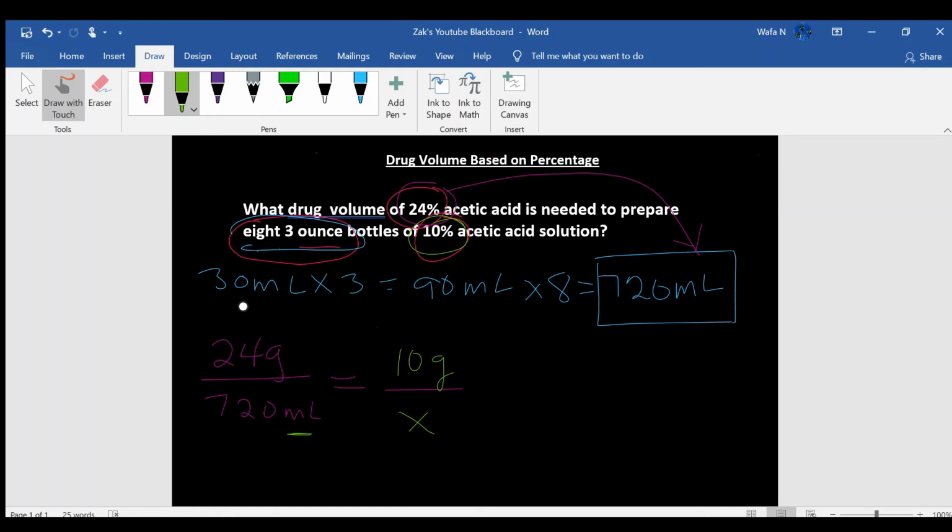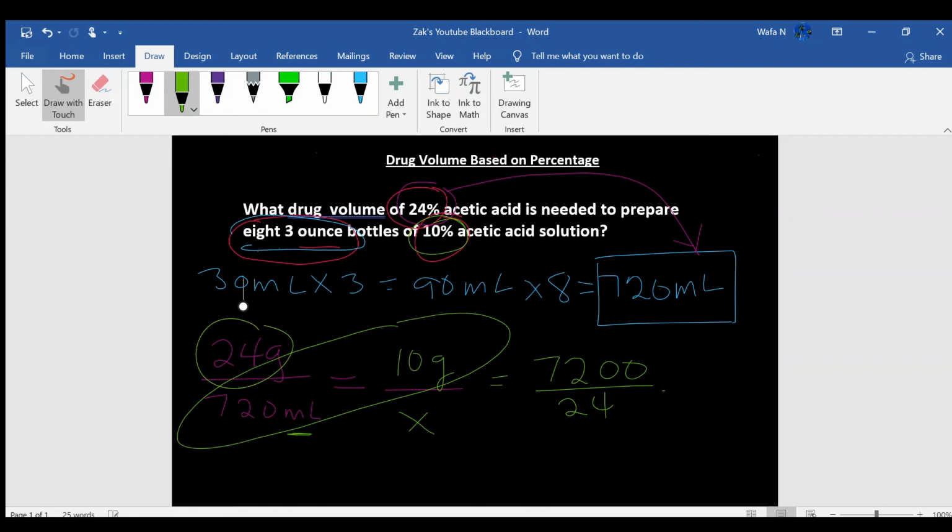When we do this, as usual, we're going to cross multiply, and what I get when I do that is 7,200. And I'm going to divide the 7,200 by 24, and what I should get as a result is 300.